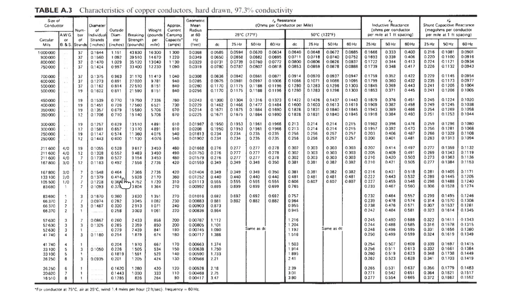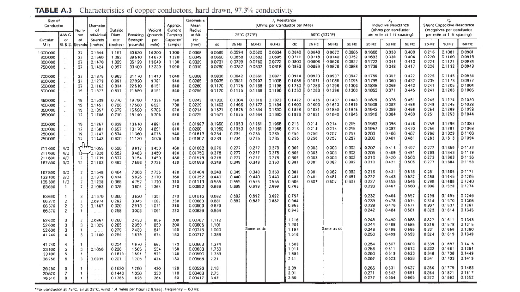The fourth column. 0.1328 is under 12 strand, the fourth column. The diameter of individual strands, yes. This one, 0.1328, very good.